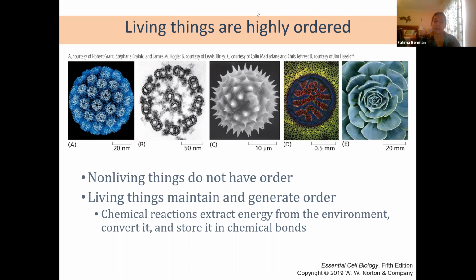So how is it that living things can generate and maintain that order within their system if overall all things are supposed to go towards entropy? Well, they do that by using the environment as their external space that they can utilize to create that disorder while maintaining their own order.